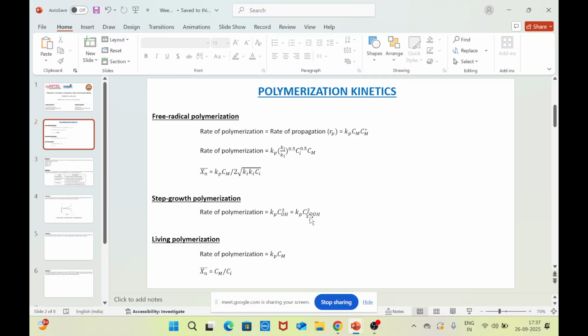Or what is the unique thing about living polymerization compared to the first two, that is your free radical and step growth? Yes, anyone?